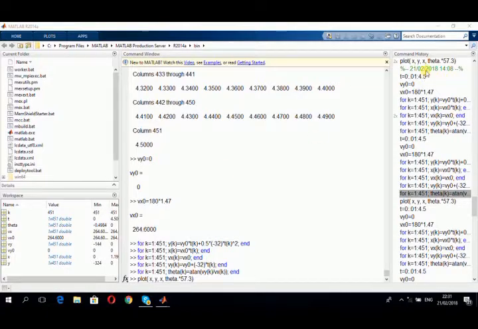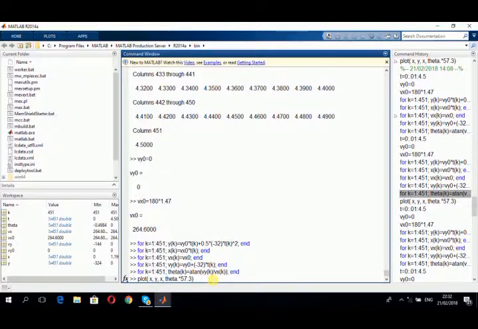Here is the command history window that stores all the previous commands or statements, so you can recall any statement instead of writing it from the beginning. The main window, we call it the command window, where you can write the required code or statement to perform a specific task.